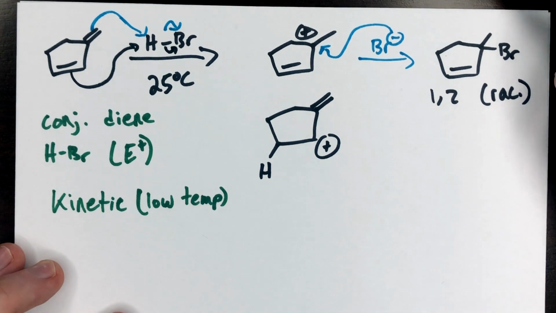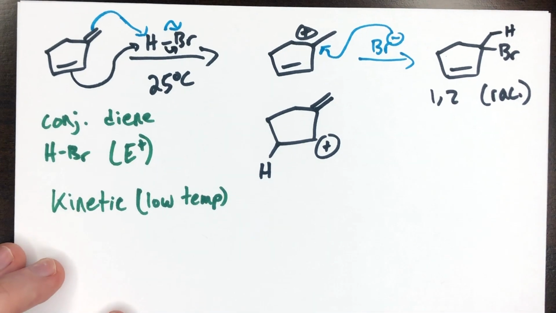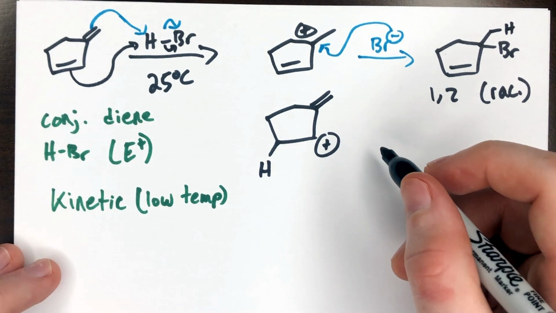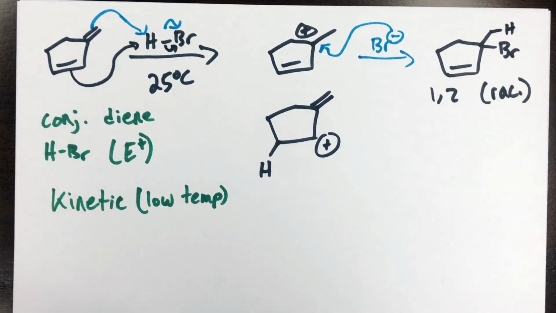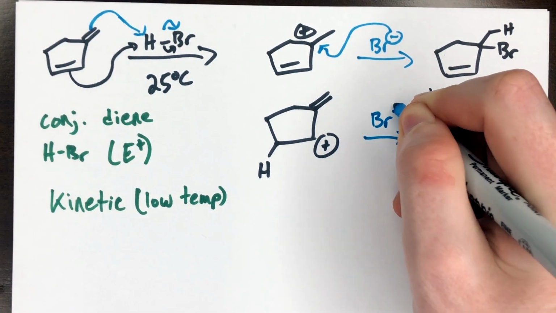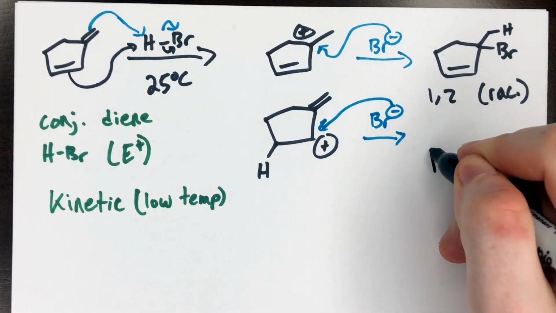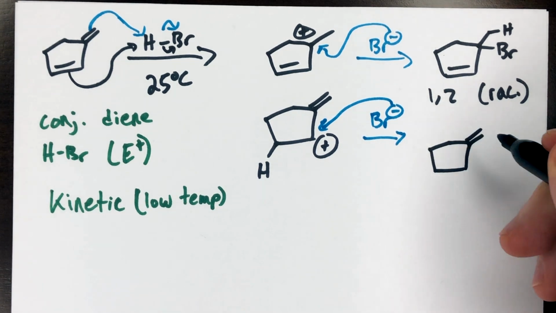By the way, the hydrogen is here, which is why it's 1,2, just as a reminder. And then again, in this case, we have our bromine floating around because it was removed as a leaving group in the first step. So that bromine can attack and add and then give us, again, a racemic mixture of our kinetic product.